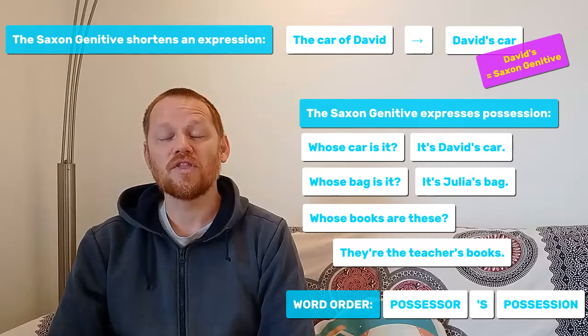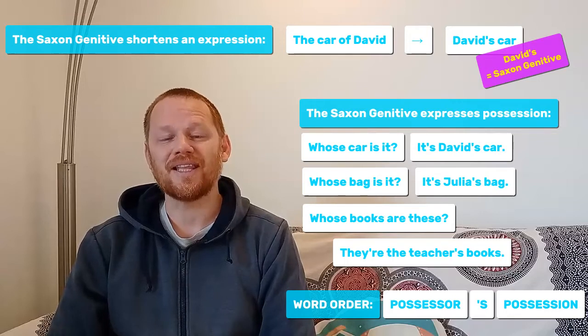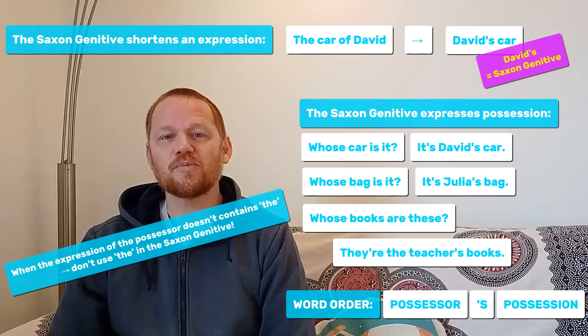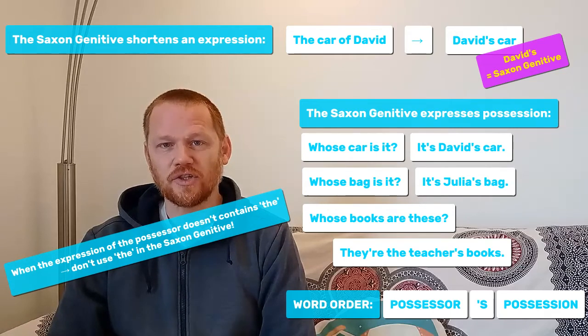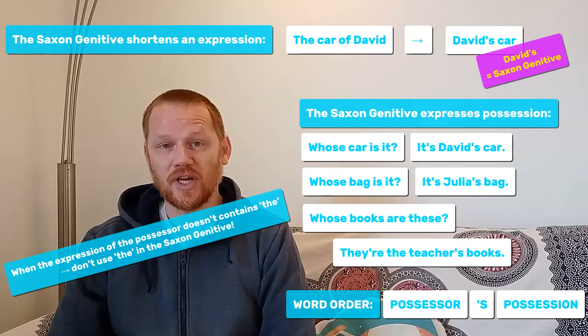Now, there is one thing you have to be careful with, and that is the use or not of the definite article, the. Now, when the expression of the possessor does not contain the, then you do not use the definite article the in the Saxon genitive.